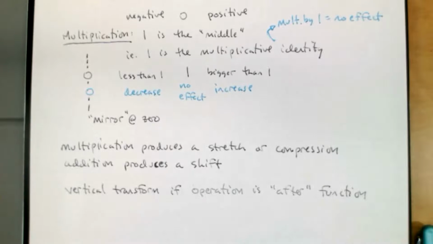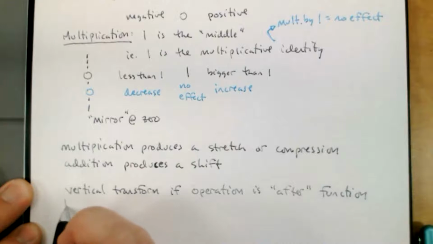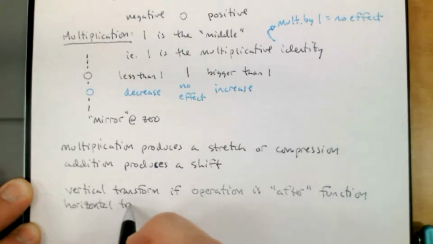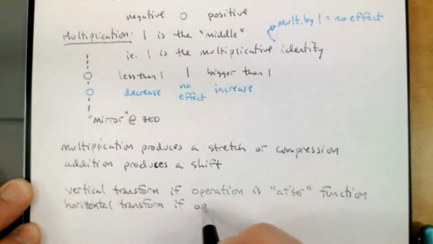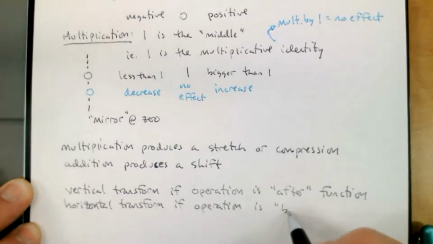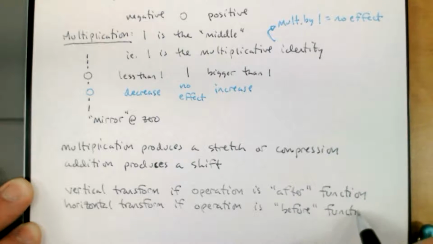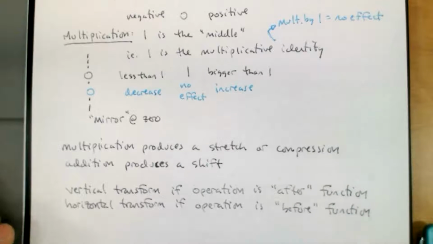And we get a horizontal transformation if the operation is before the function.